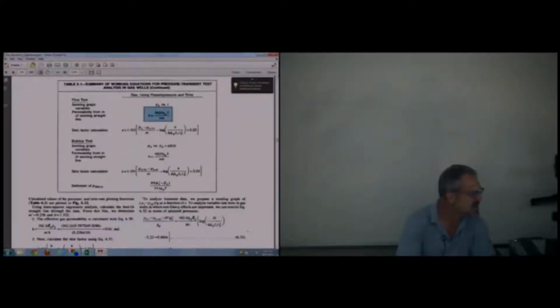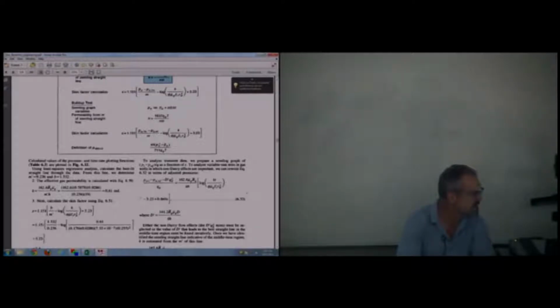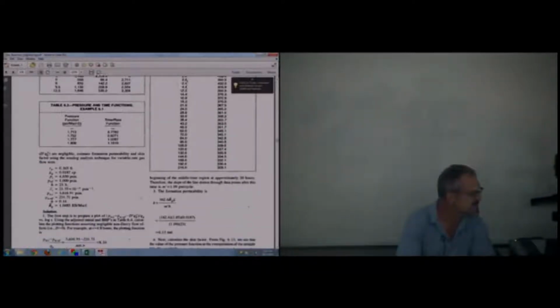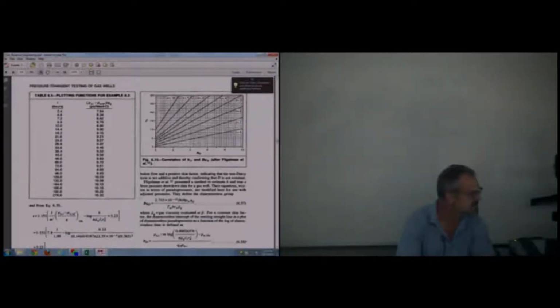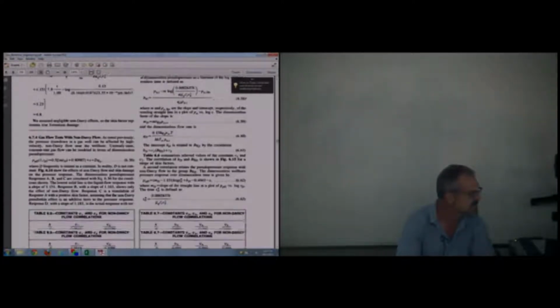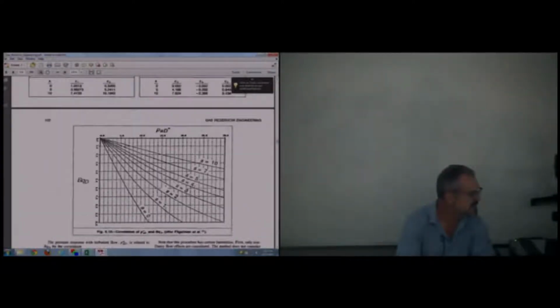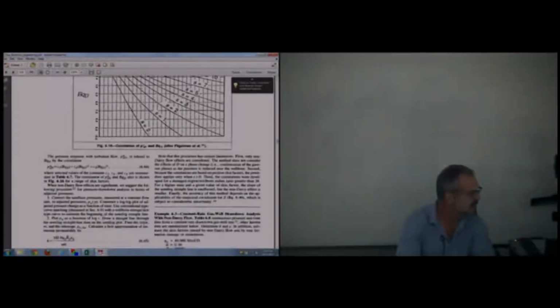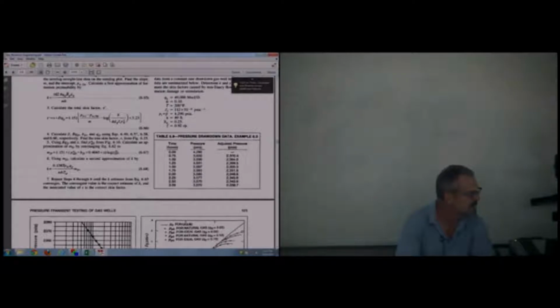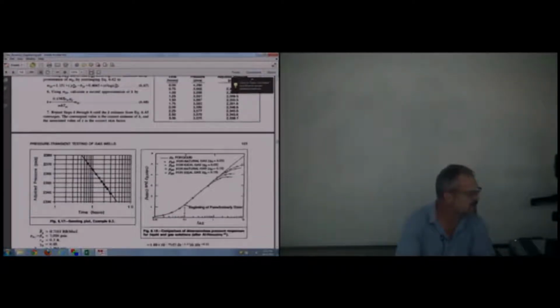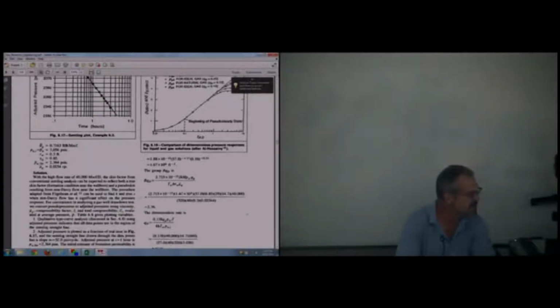And this is example 6.3. Where are we here? I'm going to go further. Isn't that the 6.3? 150 feet. Oh, here we are. I won't even be able to compare their slopes, but I can compare the results.